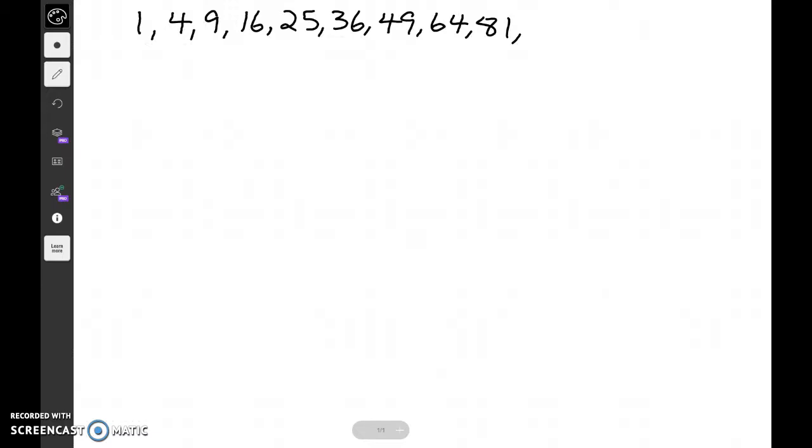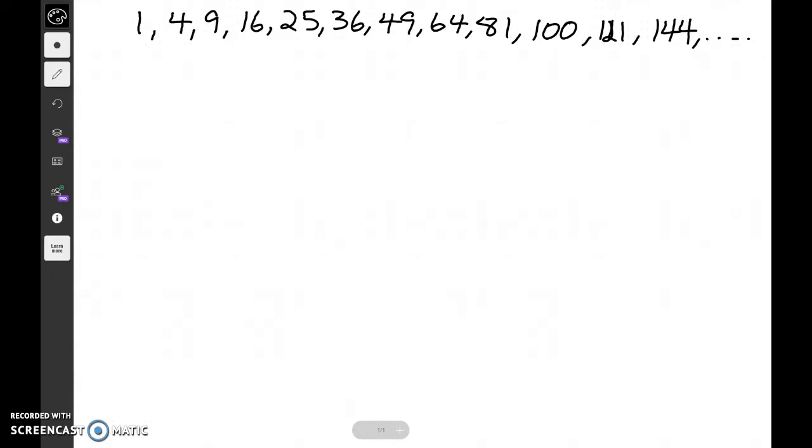After 81, we would have 100, 121, and then 144. And we could keep going with these perfect squares, but really those first 12 are the ones we're going to be identifying here to be able to see how our problem will work.